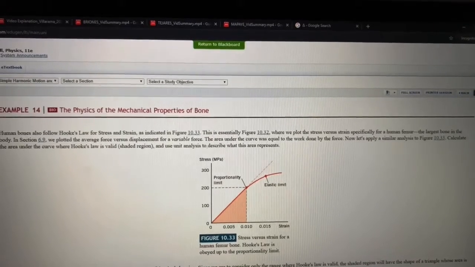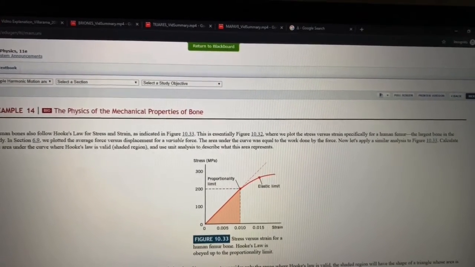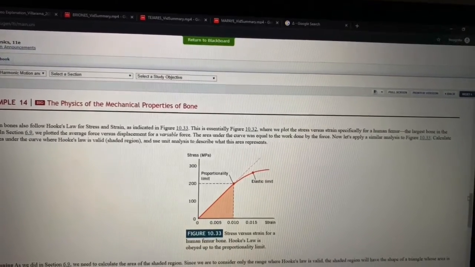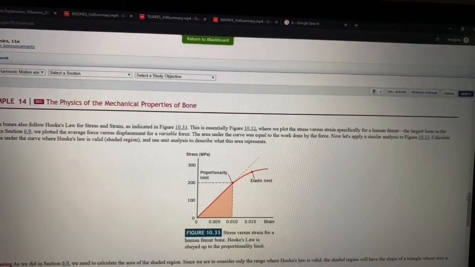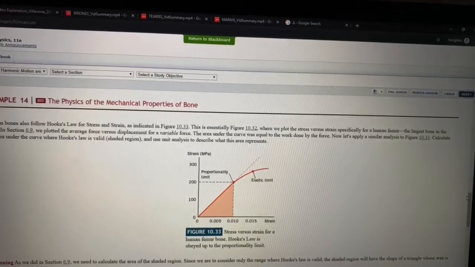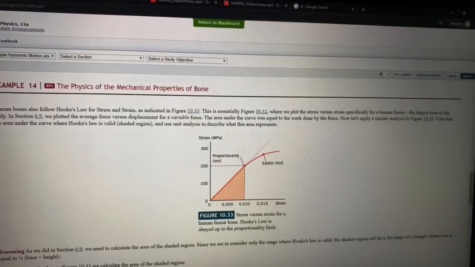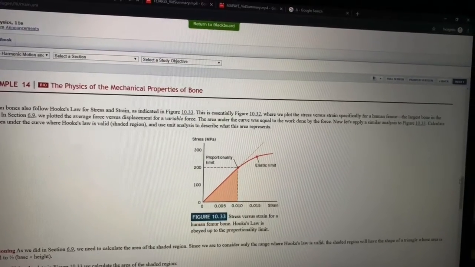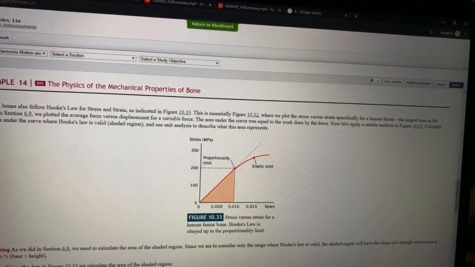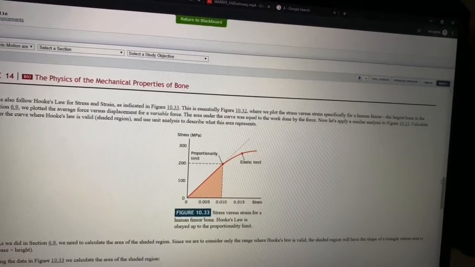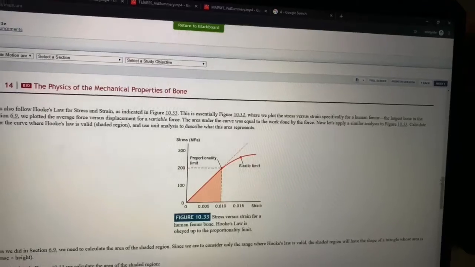This is essentially figure 10.32, where we plot the stress versus strain specifically for a human femur, the largest bone in the body. In section 6.9, we plotted the average force versus displacement for a variable force. The area under the curve was equal to the work done by the force.